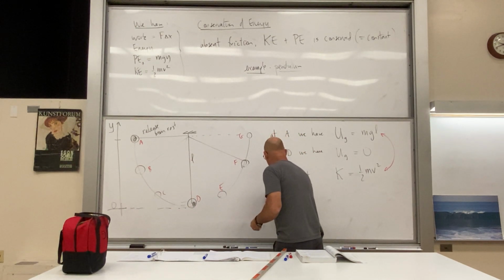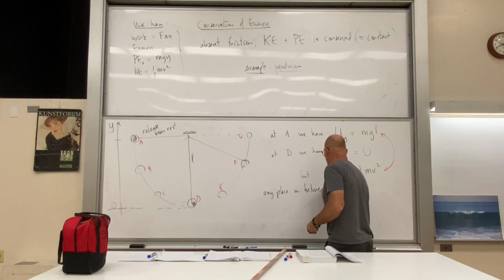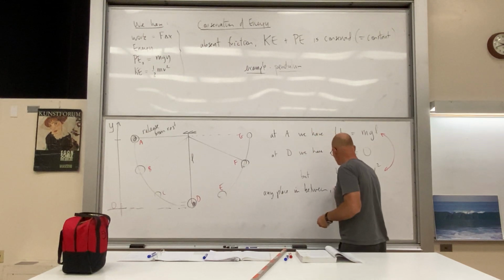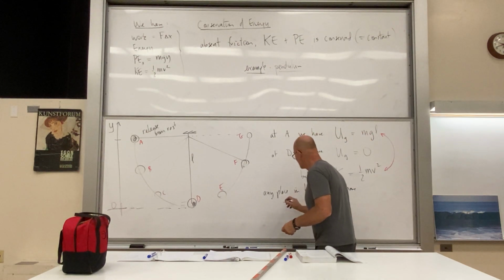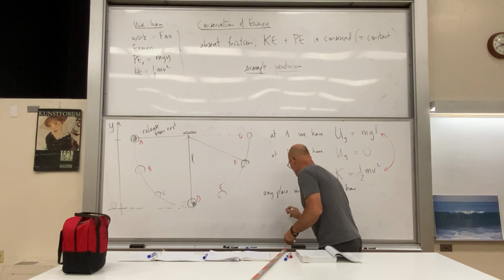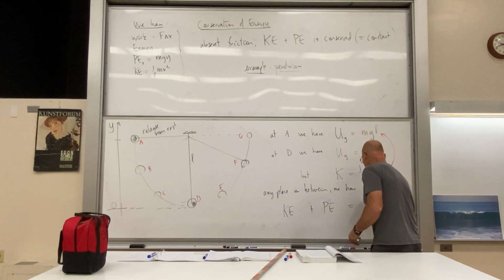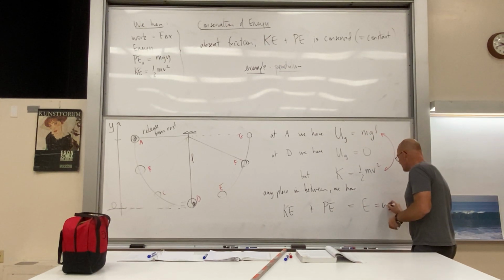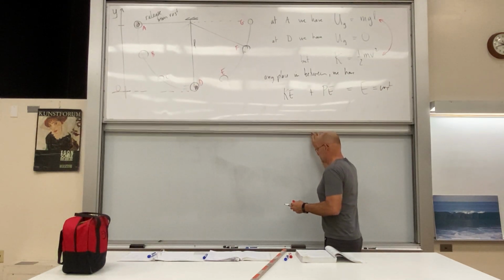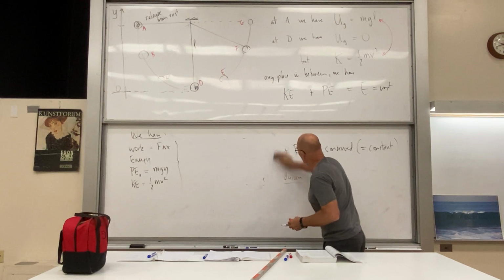So, any place in between, and I've labeled a few of them, B, C, E, and F, we have kinetic energy plus potential energy equals constant, and right underneath here, I'm going to fill in the relevant equation.